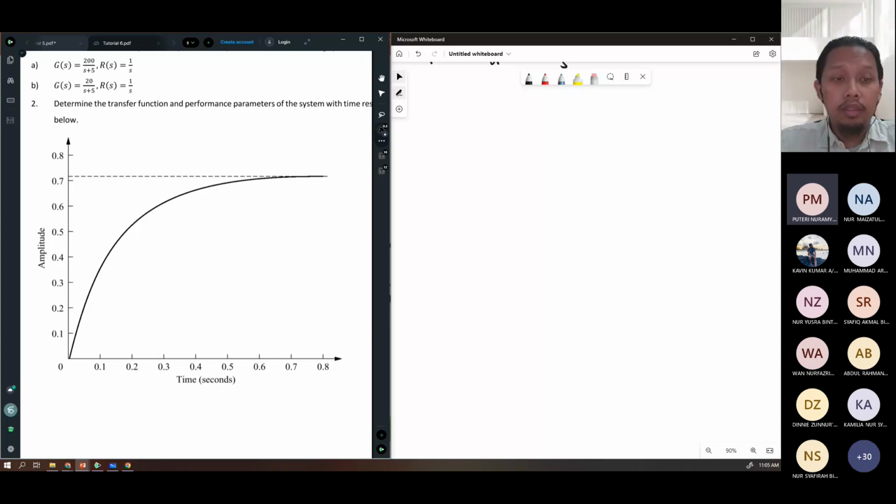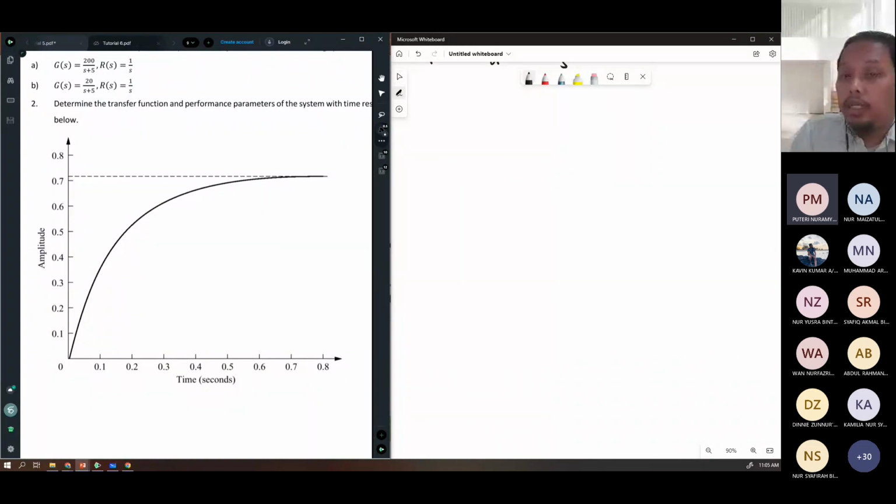So let's look at how to answer this. First, we need to find the pole from the system, because from the pole you can determine the other time response parameters, and also the time response itself.